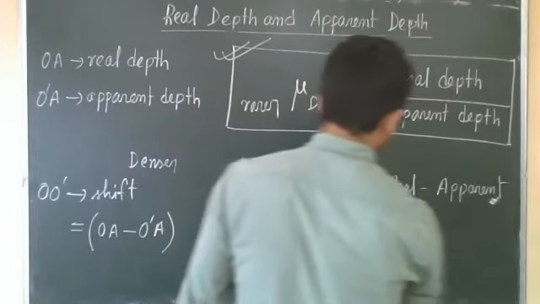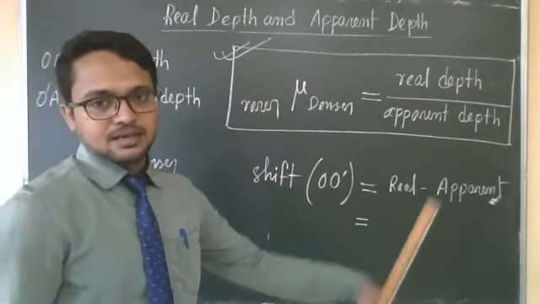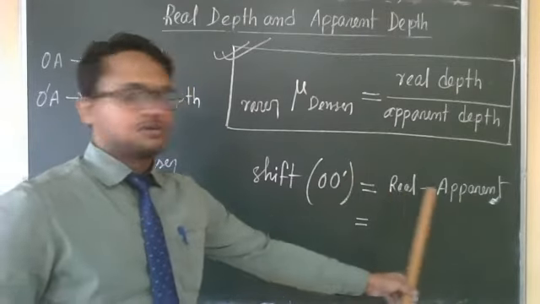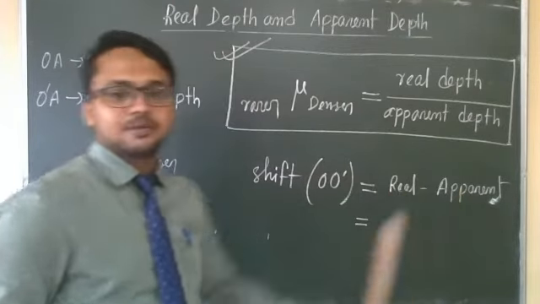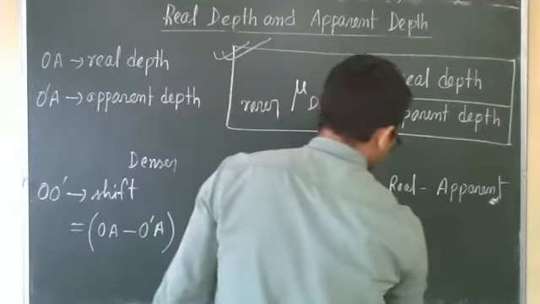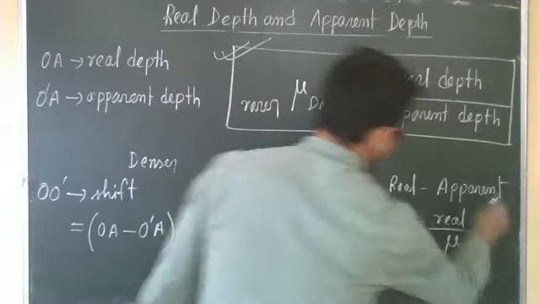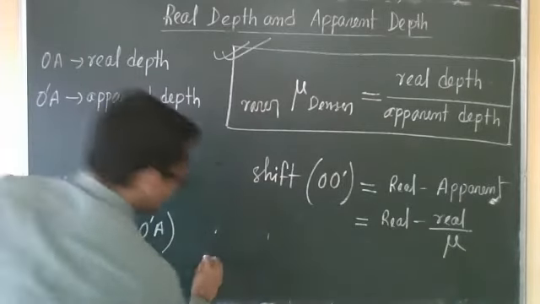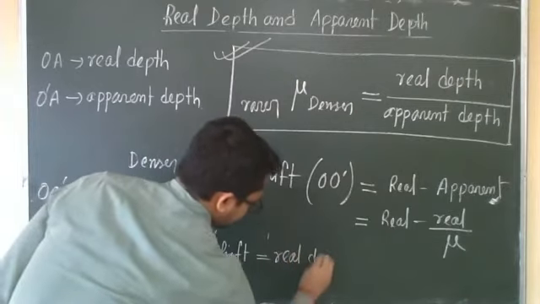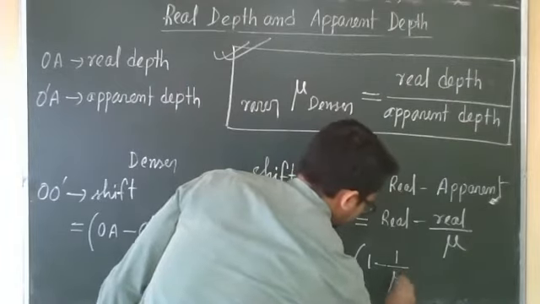So what will be the final formula? Now we cannot measure the apparent depth using a scale in general, but we can measure the real depth. So we will write the apparent depth in terms of real depth. Apparent depth equals real depth by mu. So shift equals real minus real by mu, which is real depth times bracket 1 minus 1 by mu.